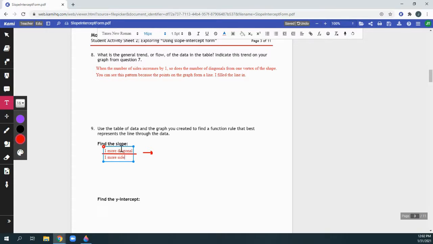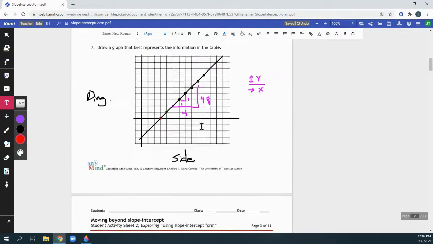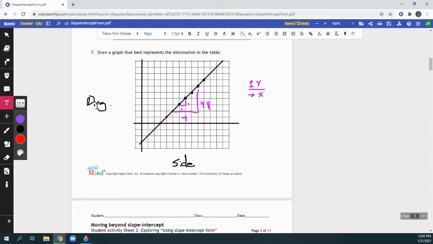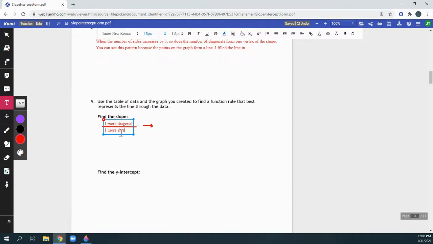Okay, I was saying sides are x, x goes on the bottom, diagonals are y, y goes on the top, so I need to put diagonals over sides, not the other way around. So we know that the slope of this line that we're graphing is 1 diagonal per side.